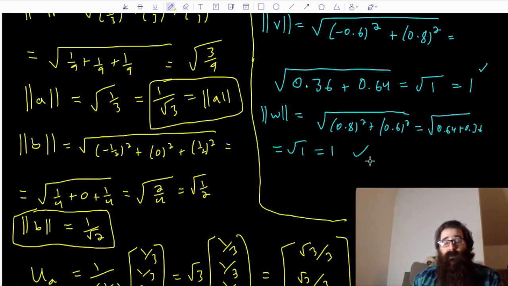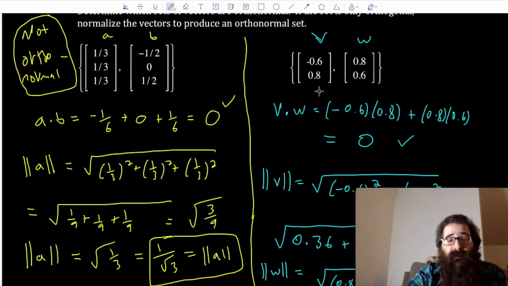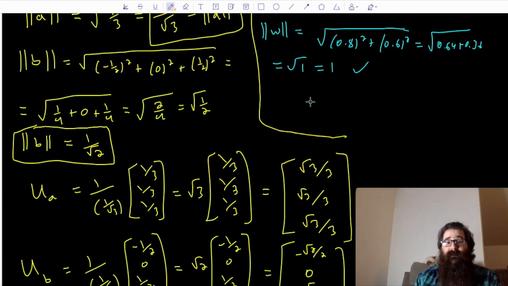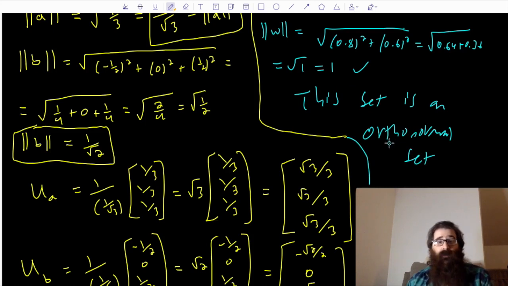So that's a unit vector as well. So this set is already such that the vectors in the set are orthogonal and they're both unit vectors. So we can say this set is an orthonormal set. So this is an orthonormal set already, so I don't have to go through correcting it.